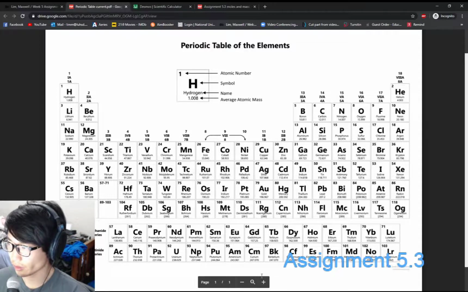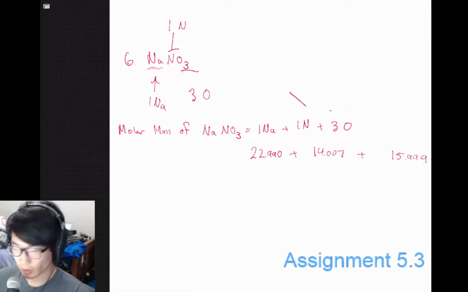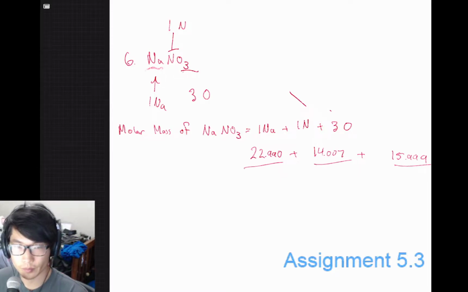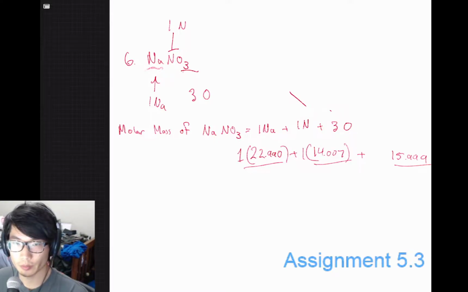Nitrogen has a weight of 14.007, and oxygen has a weight of 15.999. So I just filled these 3 numbers in right here. These are straight from the periodic table. I know that I have 1 sodium, so it's going to be 1 times this number. I have 1 nitrogen, so it's going to be 1 times this number. But I have 3 oxygen, so it's going to be 3 times that number.